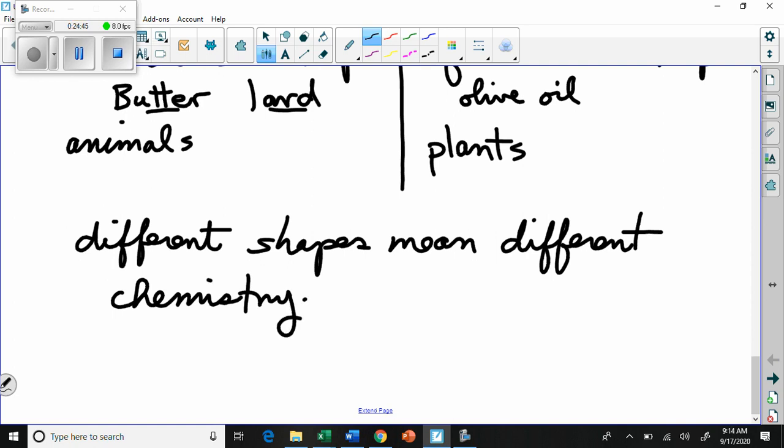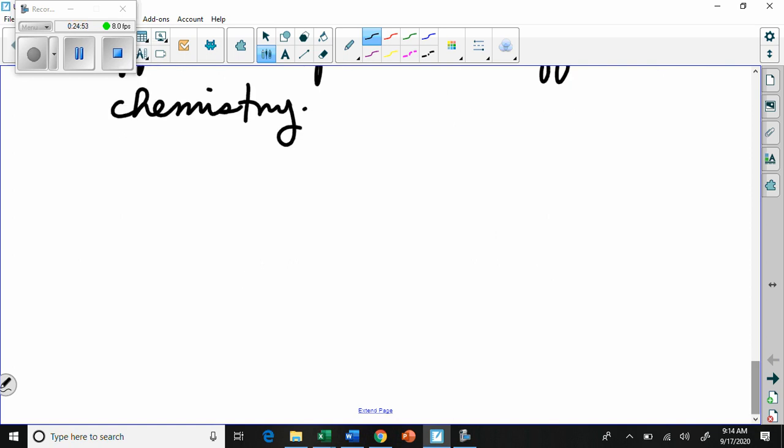Okay, so we can have a monoglyceride, a triglyceride, a diglyceride. Here's another thing that can happen to these cool lipid molecules. I had a picture ready to go here. Watch this. We take the glycerol.